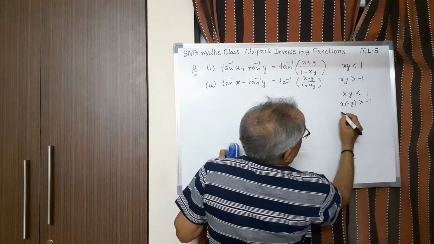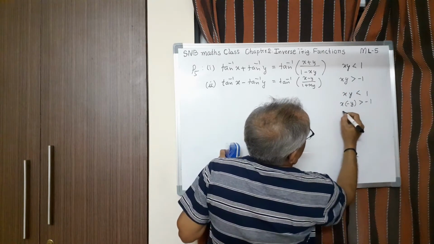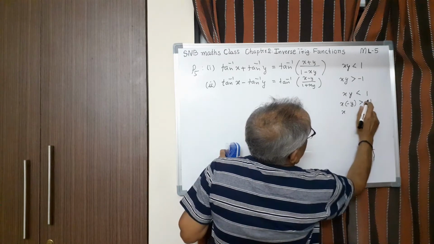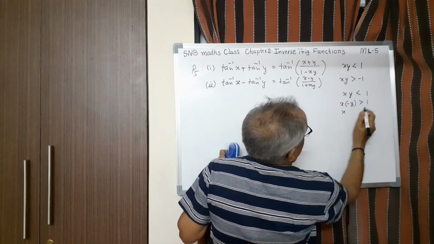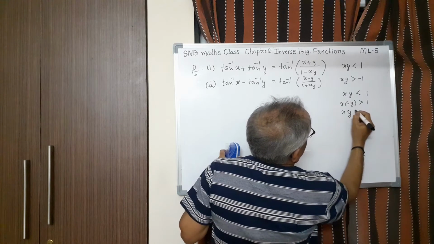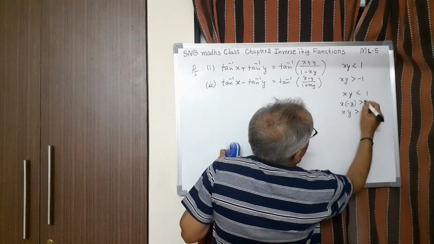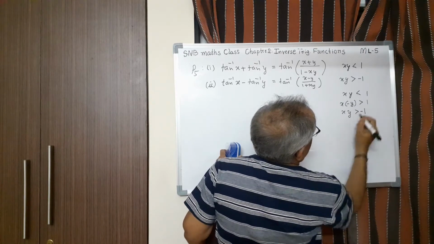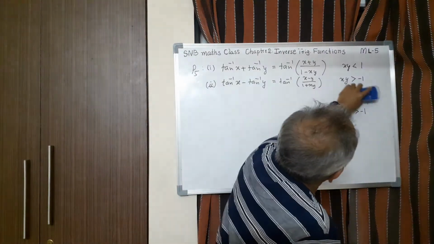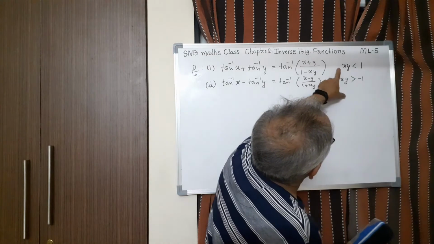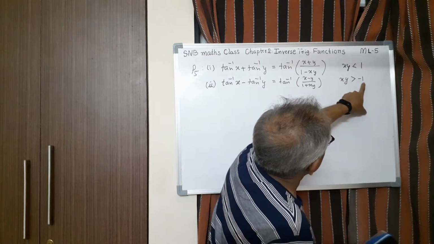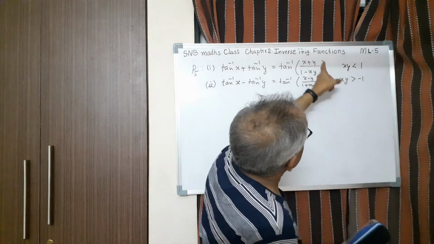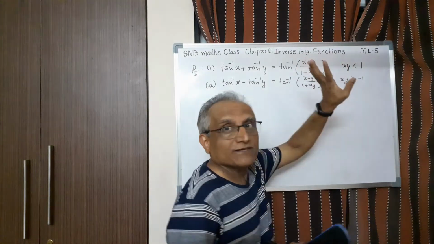So xy should be more than minus 1, here it is less than 1. Therefore, here it becomes more than minus 1. So, therefore, these two are connected. Multiplying by minus 1, this becomes minus 1.